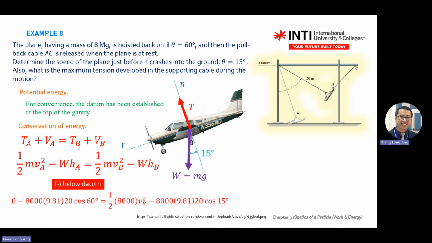So how to find the height, mgh? The mgh is referring to the datum, again, not the ground. If you use this height, it's already wrong. You're referring to here, from here to here. So how to find this height? You have 20. You draw a triangle. You have an angle here, right?